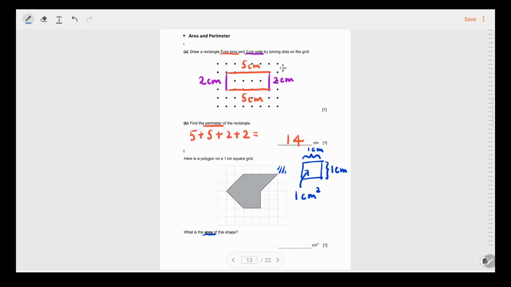So I will first count the full squares. We have 1, 2, 3, 4, 5, 6, 7, 8, 9, 10, and 11. But we also need to consider the halves, so we add 2 halves to make 1. So this half and this half makes 12.